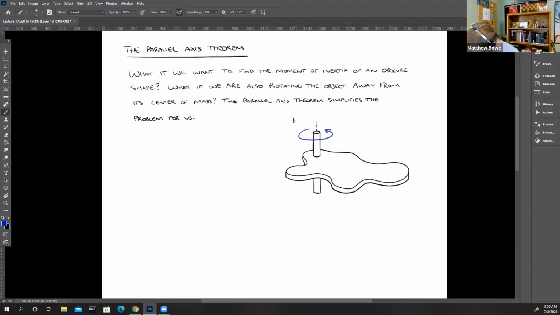I'll just put the I right here. Something we should take note of is this object might be off center a bit. Maybe this axis is right at the center of mass, but for the sake of the example, what if the center of mass is right here? Imagine this is a weird cut of sheet metal. The center of mass would maybe be right here.